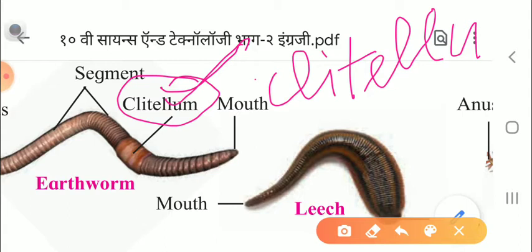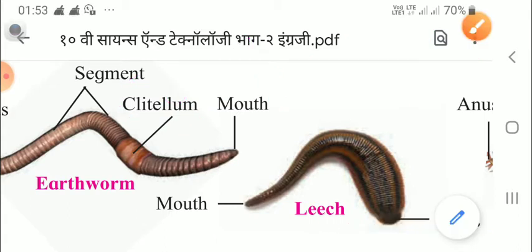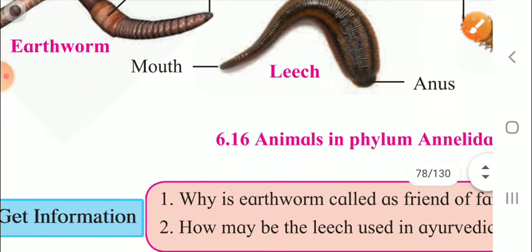Here we can see that this clitellum part is present in the Annelida. Now the next one is the leech.